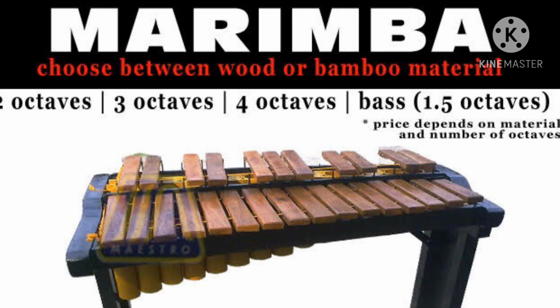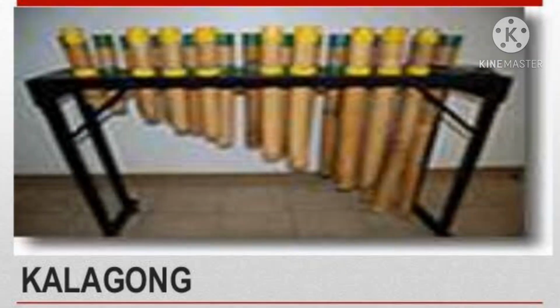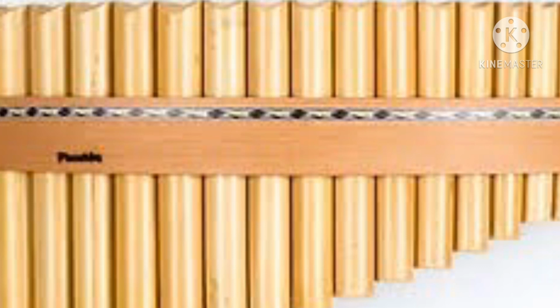Another bamboo instrument is the bamboo marimba or the tilingating. It is made from bamboo that follows the musical scale and style of the typical xylophone. Next is the kalagong, a wind instrument that produces a hollow gong-like sound. The next one is the bamboo pipes, small pieces of bamboo in graduated smooth tubes that have been put together by string.